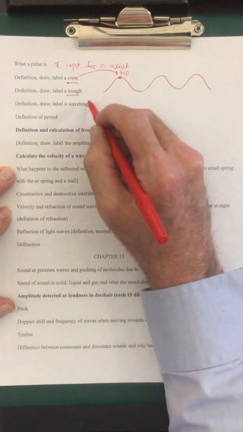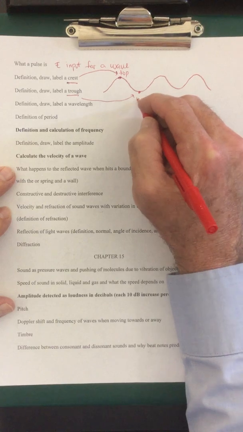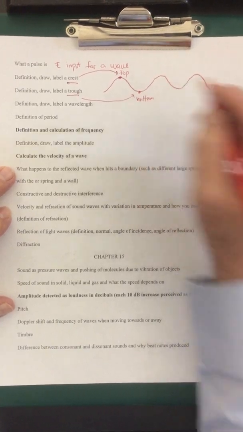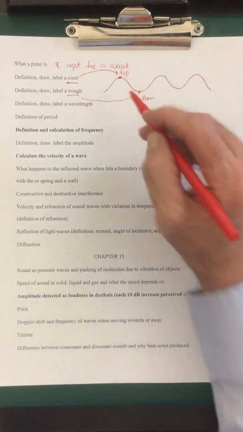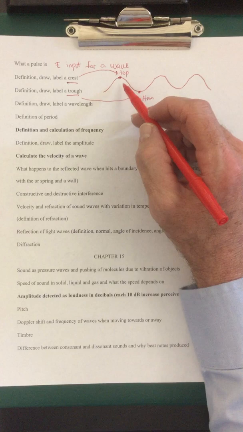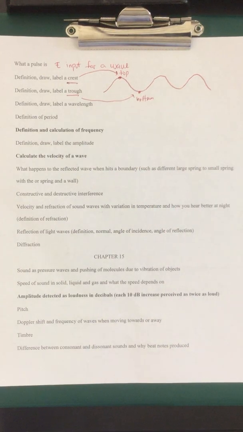The trough is going to be the bottom of the wave. So we've drawn, labeled, and defined the crest and trough of the wave.